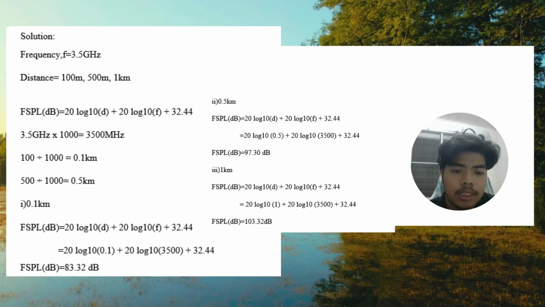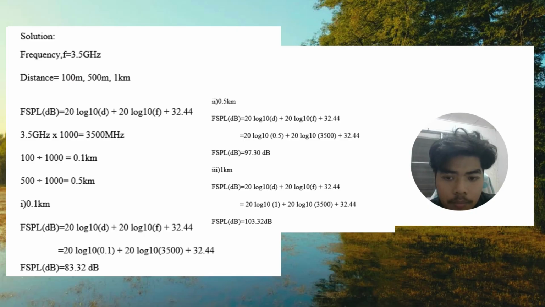The distance we use in kilometers and the frequency we use in megahertz. So we change 3.5 gigahertz to megahertz by multiplying by 1000, and for 100 meters and 500 meters we divide by 1000 to change to kilometers.